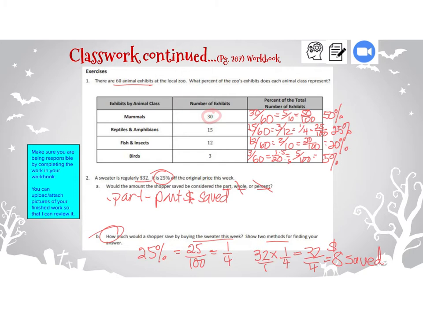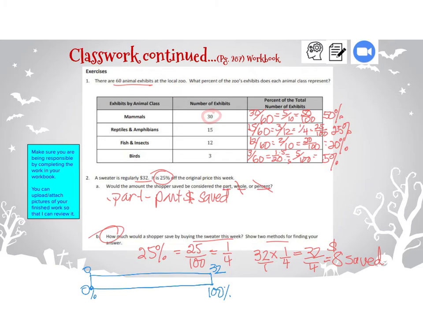Okay, then another method, or let me go over here, and I will draw this one down here. I'm going to have the 0 start here. This one is going to be percent, and I'm going to go all the way to 100%, because that would be full price. Full price means it's $32.